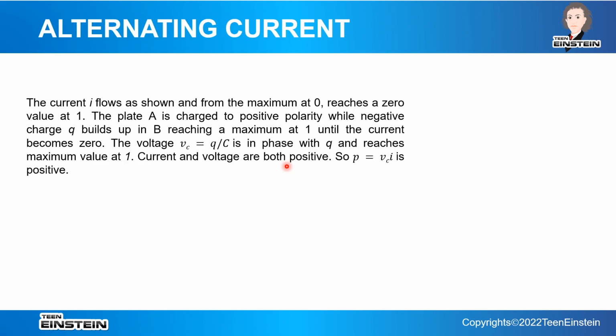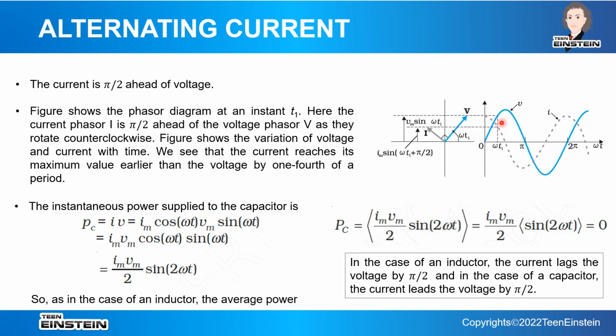Let's look at it from this picture. We are looking at the first quarter cycle here where the voltage is increasing, the current is decreasing, but both are positive. So power is also positive. Now, if you look at the next quarter cycle from pi by 2 to pi, the voltage is decreasing but positive. The current is decreasing but negative; current is increasing in the negative direction.